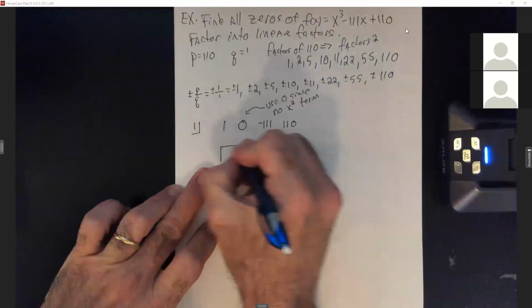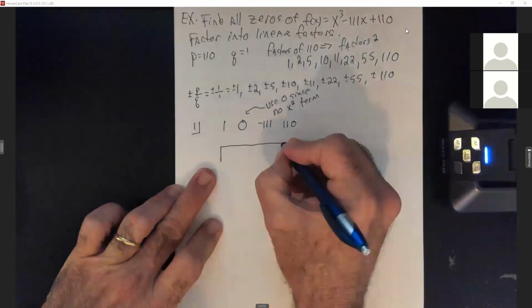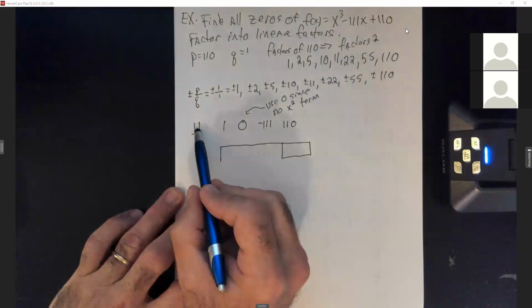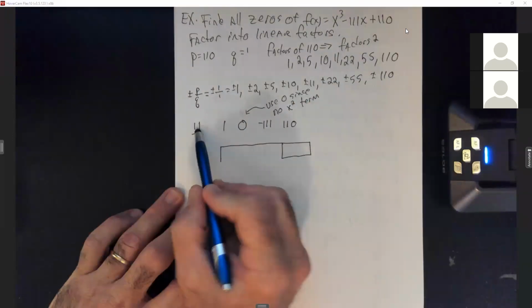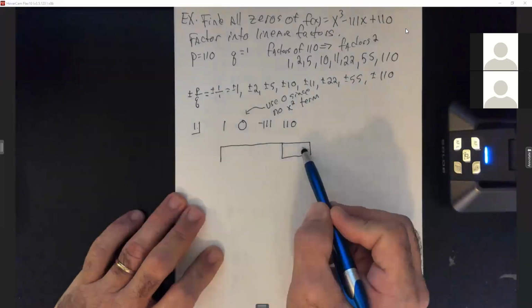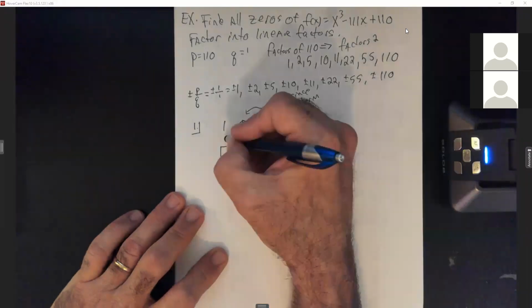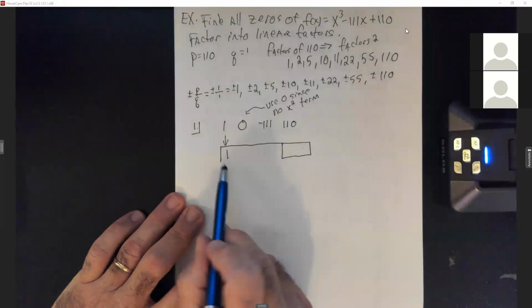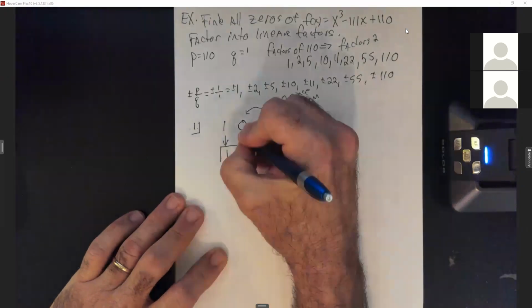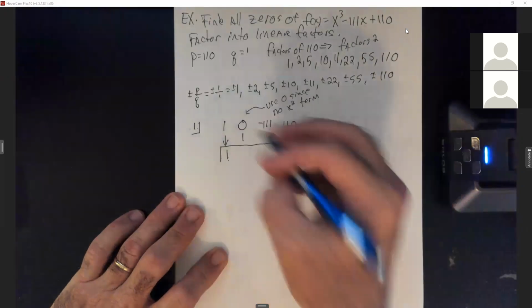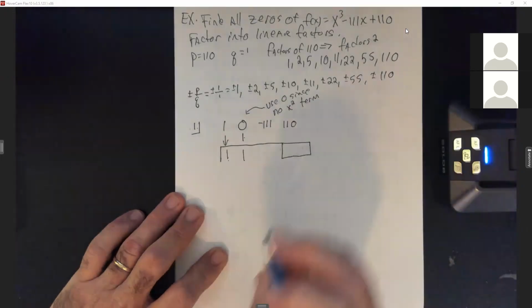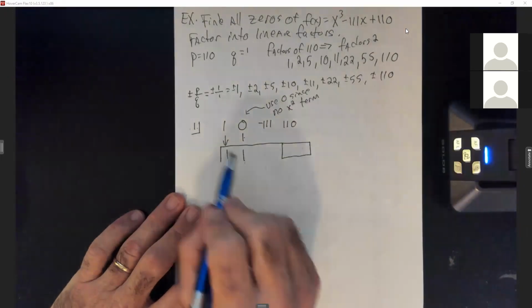All right, I'm going to draw my box. If we are right and we choose the right number, that remainder will be a 0 when we're done. All right, so let's go. We bring the 1 down. 1 times 1 is 1. That goes under the 0. Add 0 plus 1, you get 1. 1 times 1 is 1.